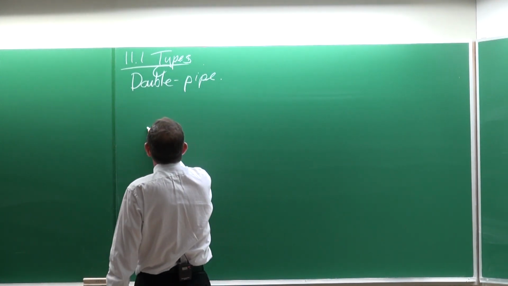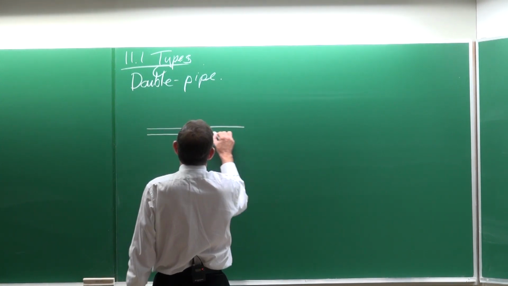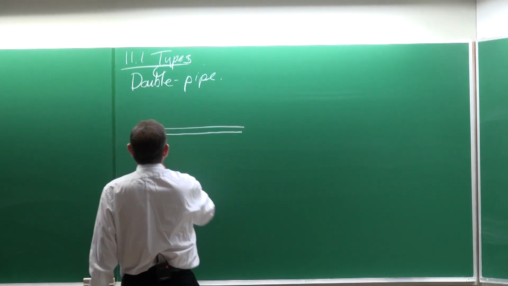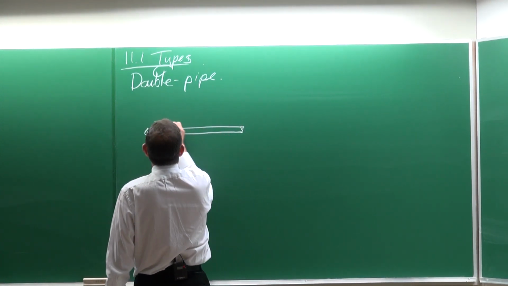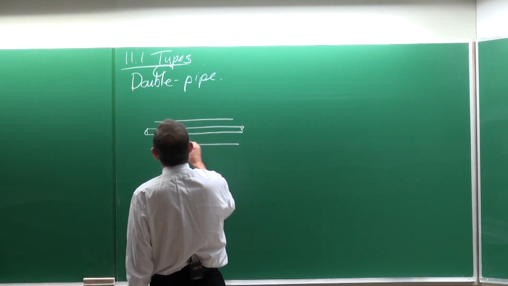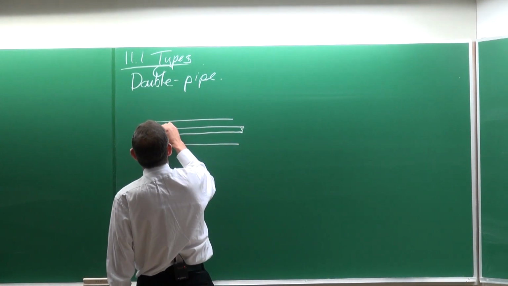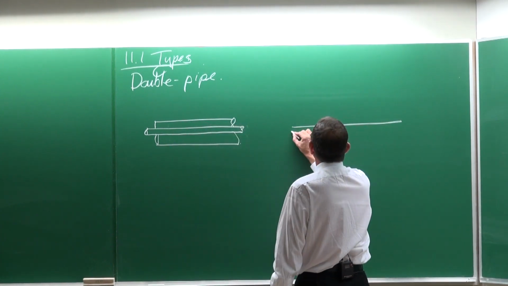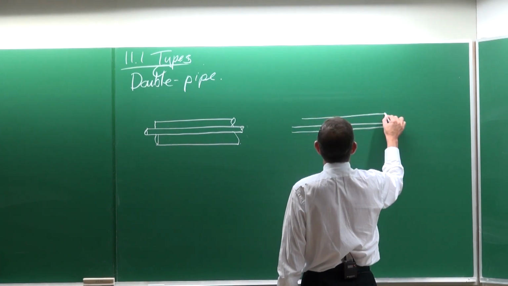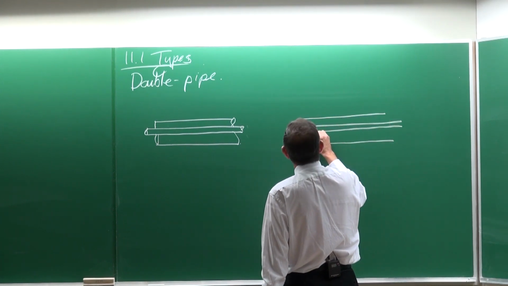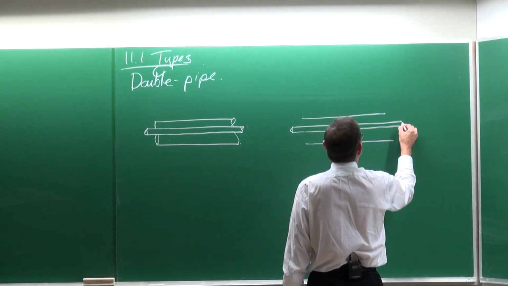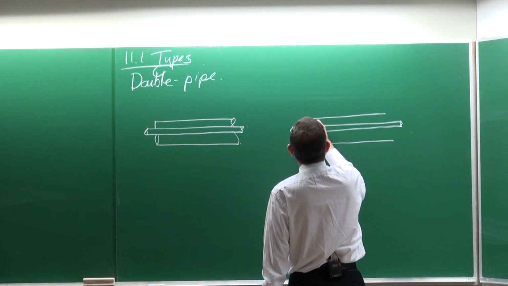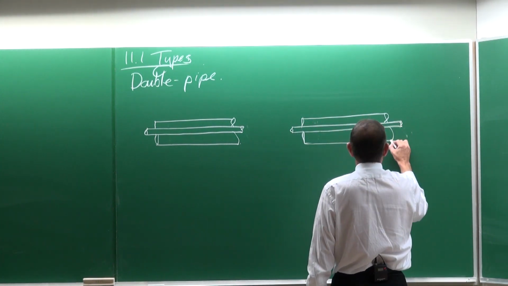There are 2 different possible configurations, but both of them consist of one tube inside another one, like that. So 2 sketches that show the same thing.